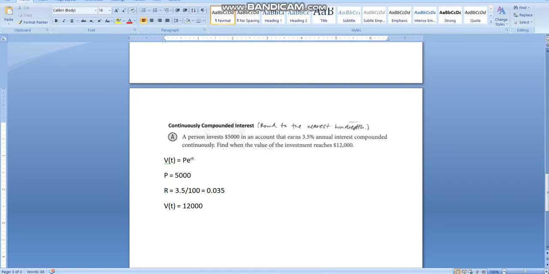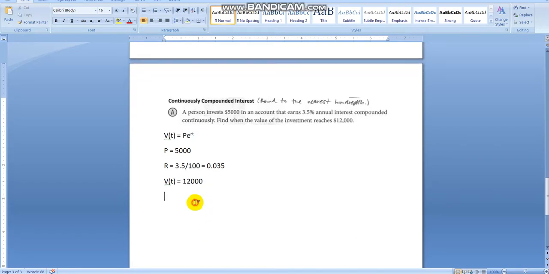Okay. So from this, our goal is to solve for the time because we want to find out when the value of the investment reaches 12,000. So we're taking this formula and plugging in things that we see. We know that V of T is going to be $12,000, so this gets substituted here.